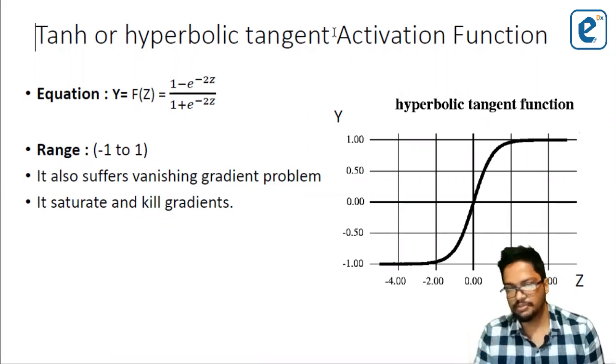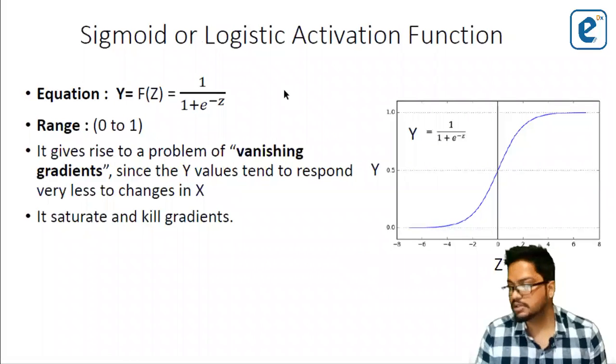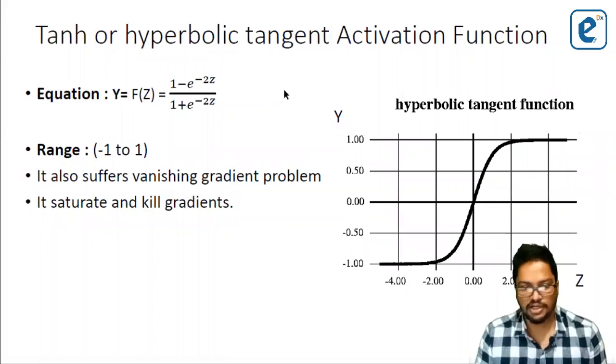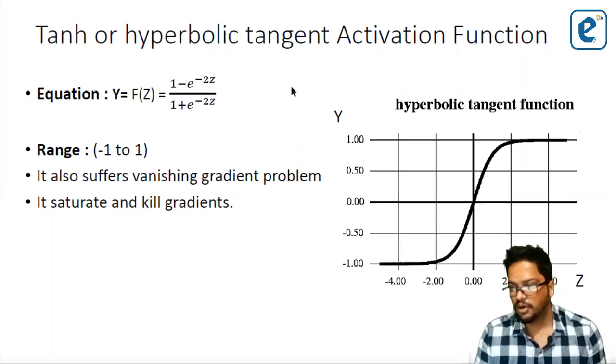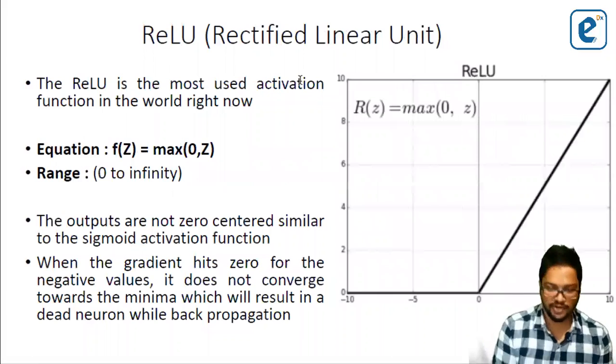There is some issue with these activation functions: they are used in neural networks, but if you have the tanh or the sigmoid activation function, they suffer from the vanishing gradient problem.